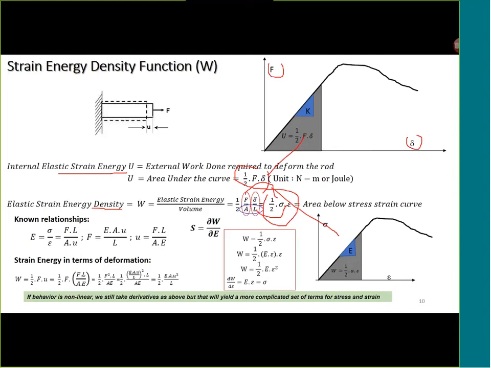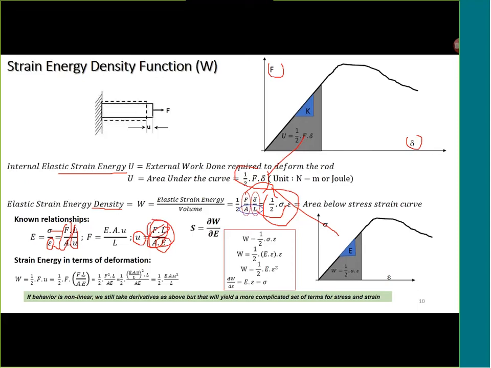We also know the basic relationship between stress and strain. Here the stress can be written as force by area, and the strain is the change in length by the original length, which can be manipulated like this. It means that the change in length or the displacement can be written in terms of the geometric attributes. These two are the geometric attributes. This is the material attribute. This is the external loading attribute.